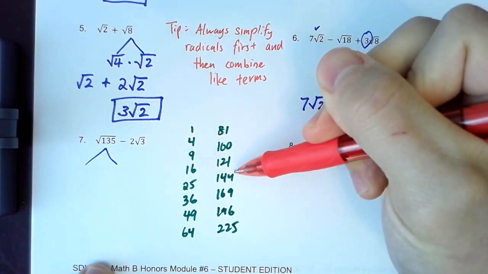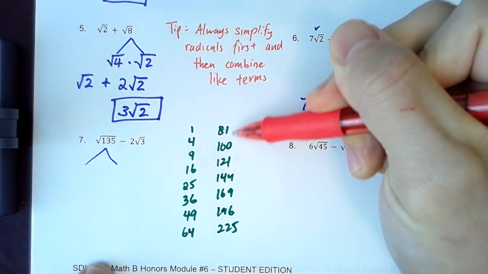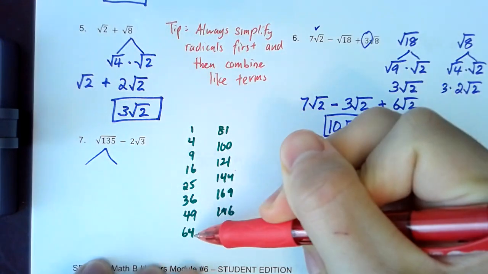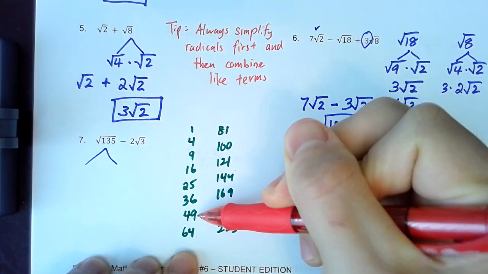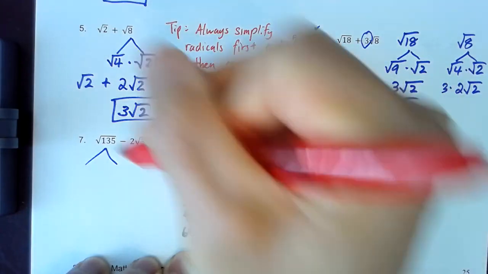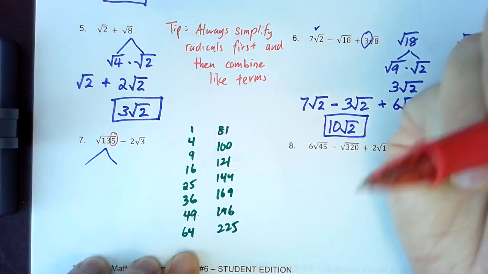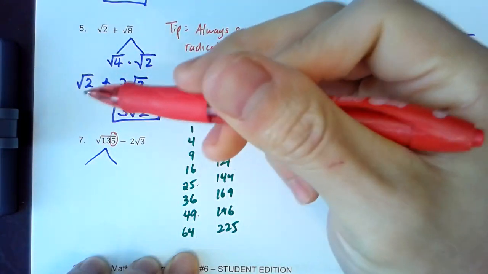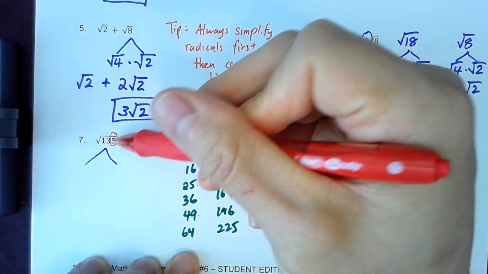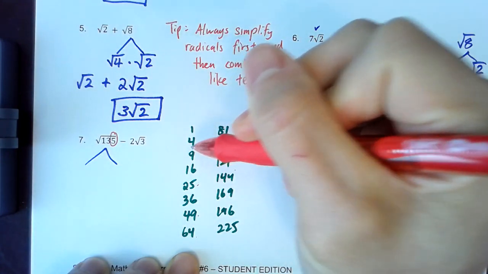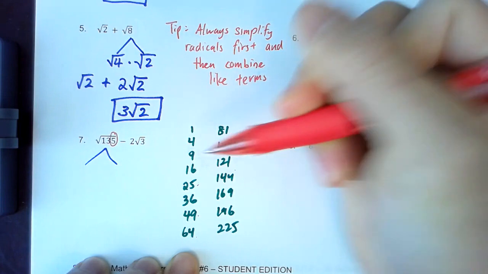So then I just go, okay, which one of these numbers could potentially be a factor? Obviously none of them. 64, no. 49 is no. None of these actually work because it does end in a 5. So I'm thinking of 25, but 25 is kind of clearly not a factor of 135. So it really just boils down to, does 9 work?